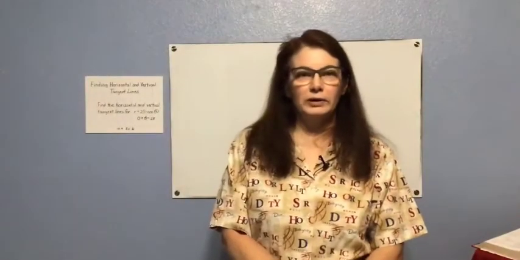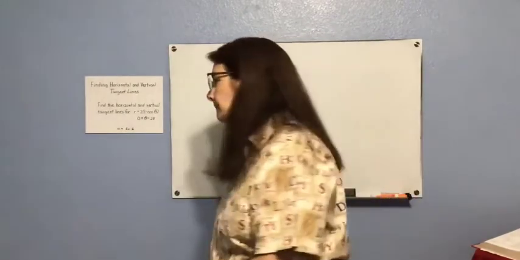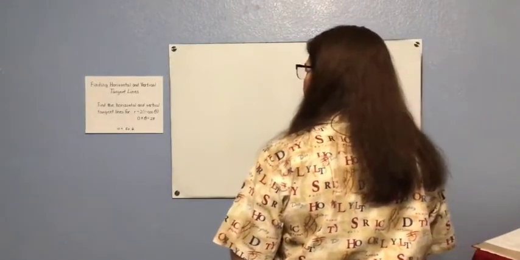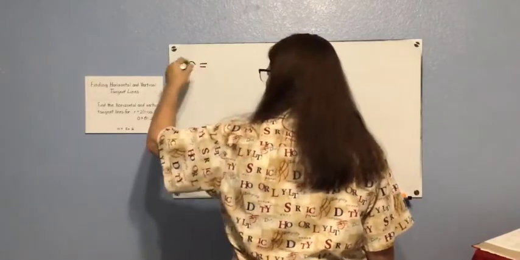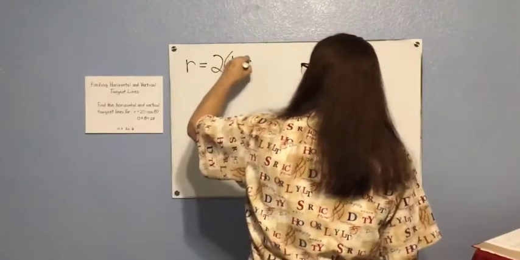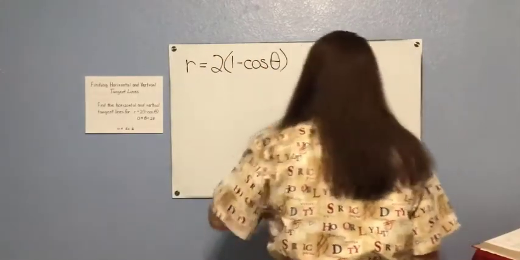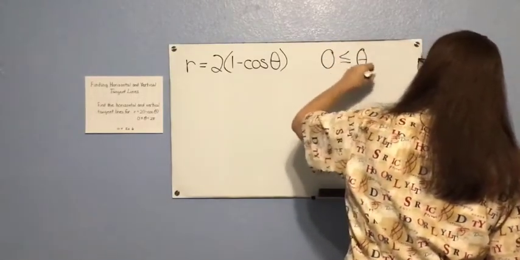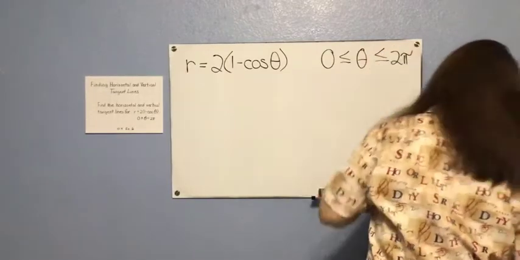Let's look at one more example of finding vertical and horizontal tangent lines. This time our equation is r is equal to 2 times 1 minus cosine theta, and we're going to say theta is in between 0 and 2 pi.